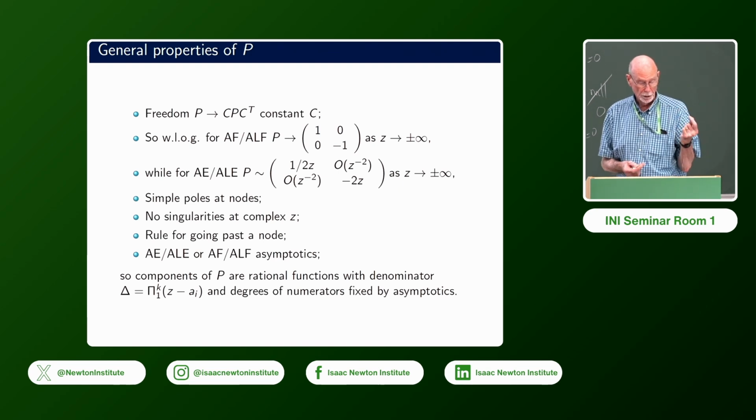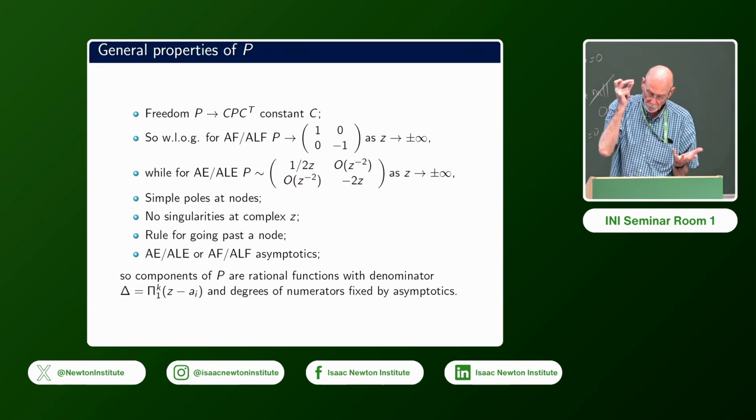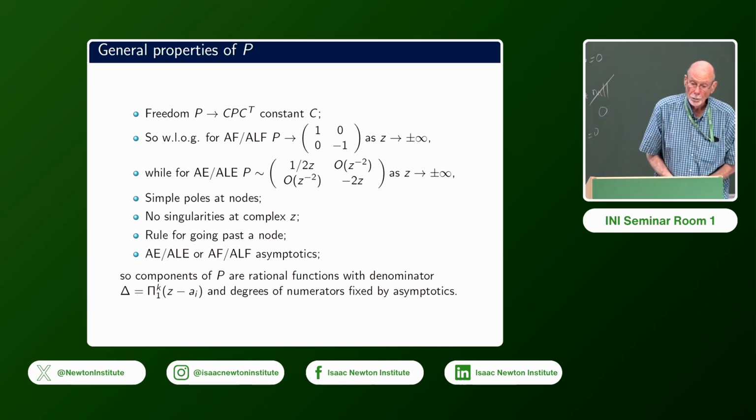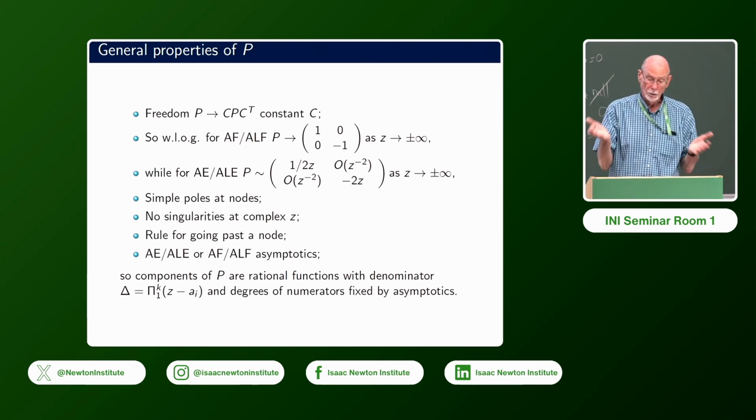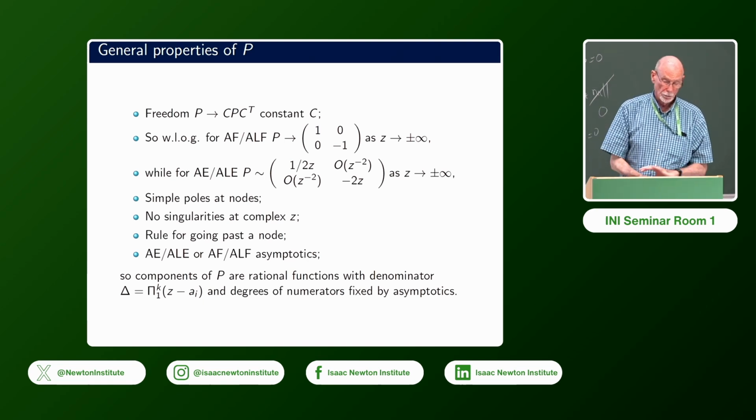But if you're asymptotically Euclidean at large distances, you're going to look like the third point. You insist on simple poles at the nodes, otherwise they're not nodes. You don't want any other singularities, so no singularities off the axis. And you've got a rule for going past the node. And if you're prepared to restrict to ALE or ALF, you know the asymptotics.